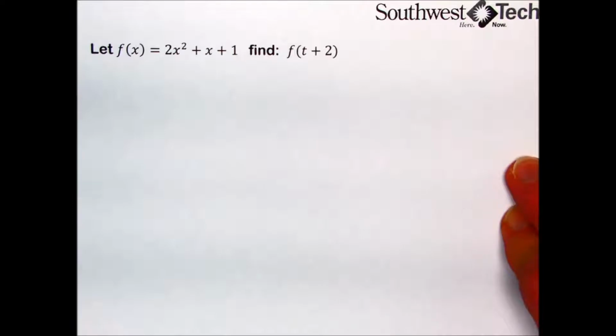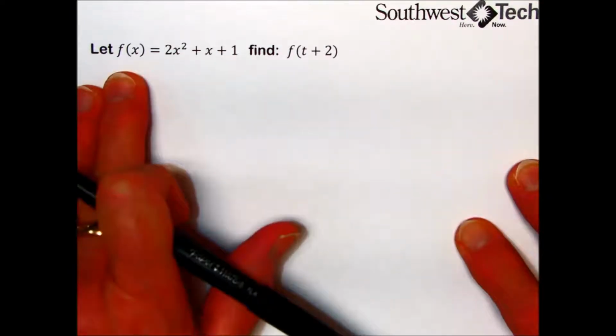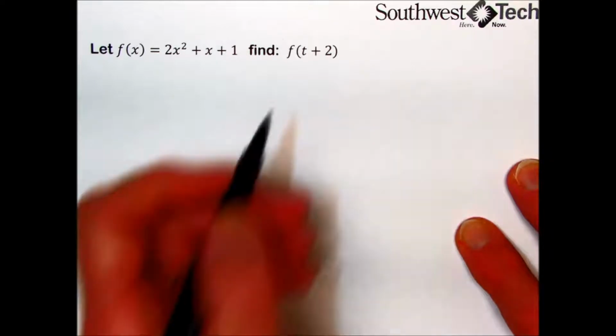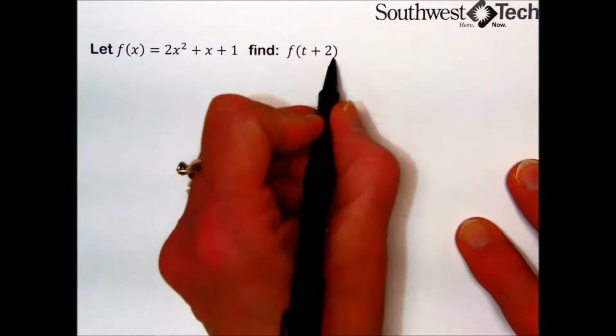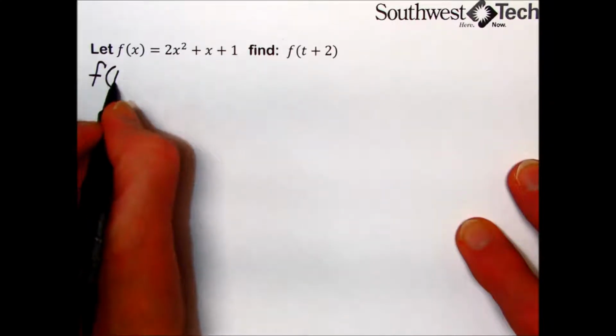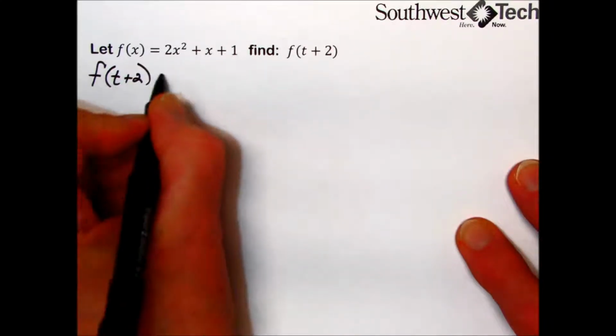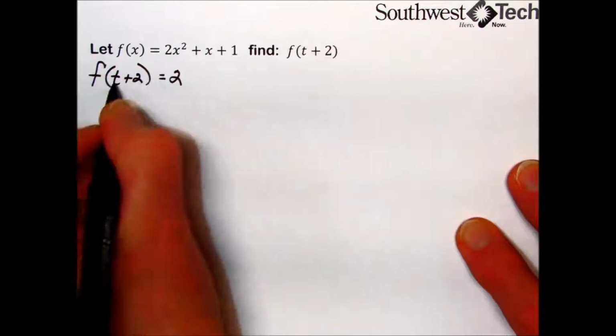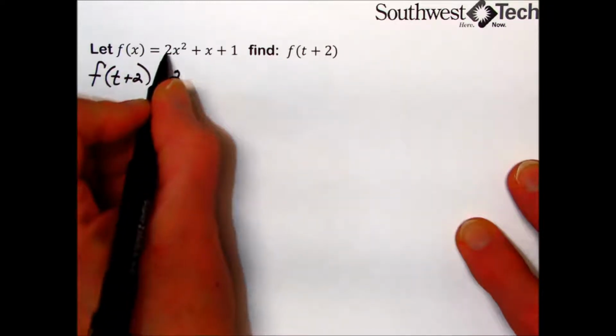The last problem is to take a look at functions and multiplication. Here, they're giving us the function f of x is defined as that polynomial. We're looking to find f of t plus 2, and that means wherever x is, we are going to replace that with this t plus 2.